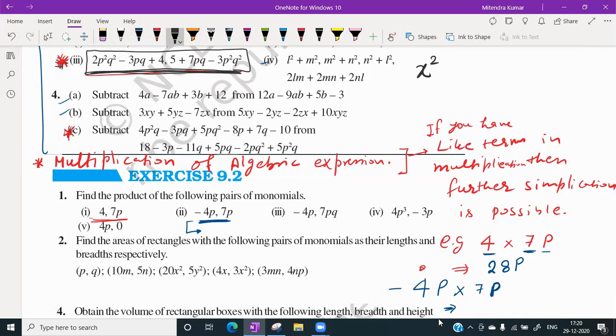It means x into x, two multiplication. If I write p square, it means p into p. If somewhere you write like this, p that is p square.